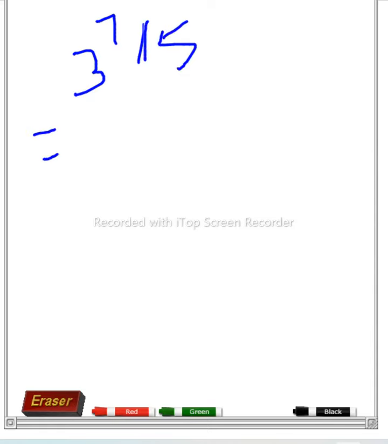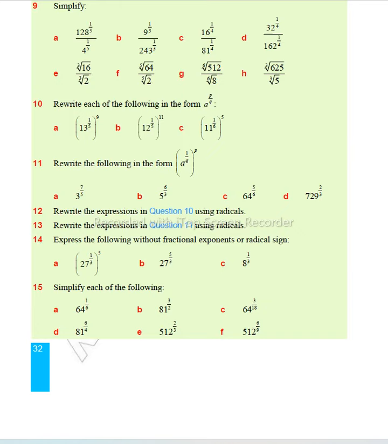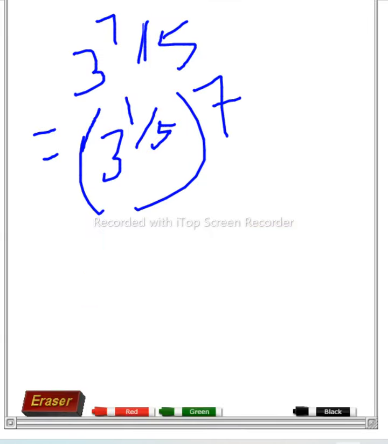This means the same as 3 to the power of 1 over 5, the whole to the power of 7. The question says to rewrite it in the form of 1 over q to the power of p, so we can write it simply like this: 1 over 5, taking the power of 7.